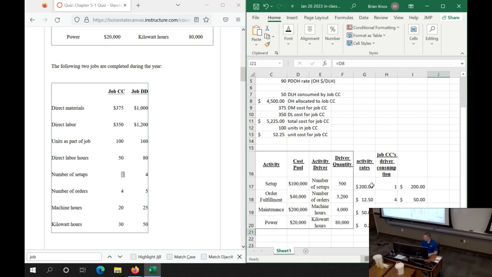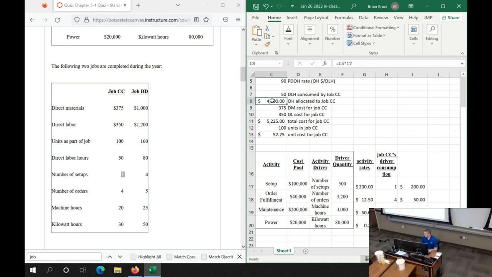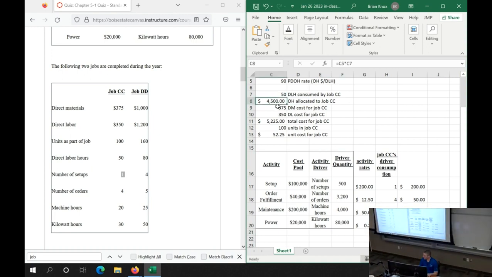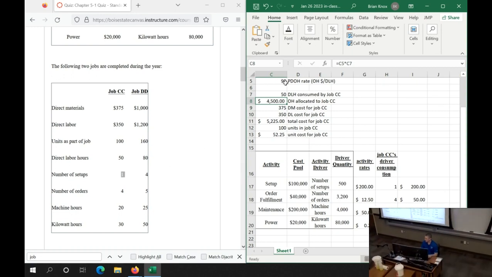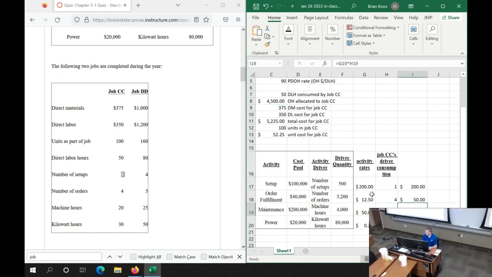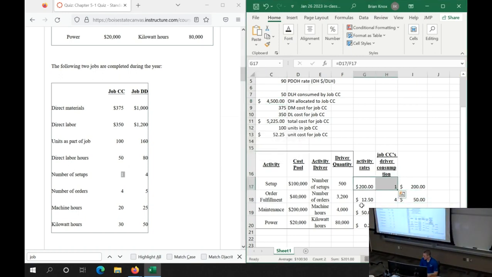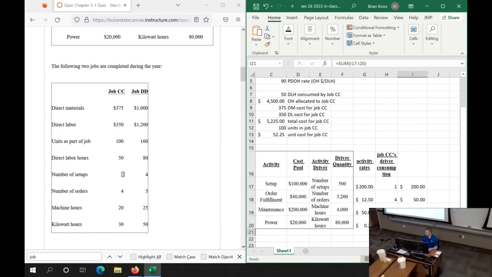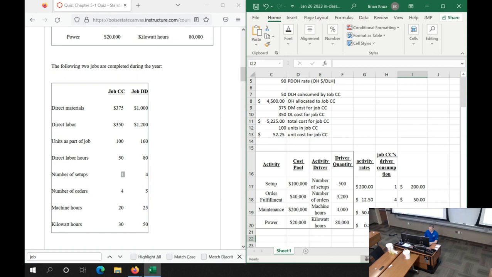Same idea as up there. Instead of $4,500 of overhead being allocated to job CC because of a $90 POHR, overhead dollars per direct labor hour, and 50 direct labor hours, we're going to take these 4 rates times the consumption and end up with $1,257.50 overhead allocated to job CC.